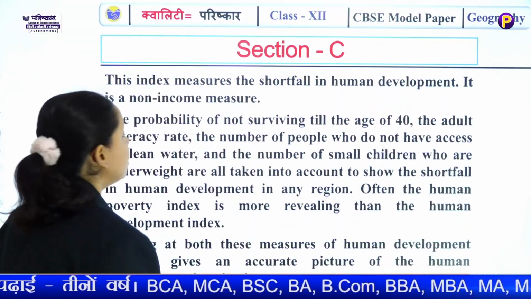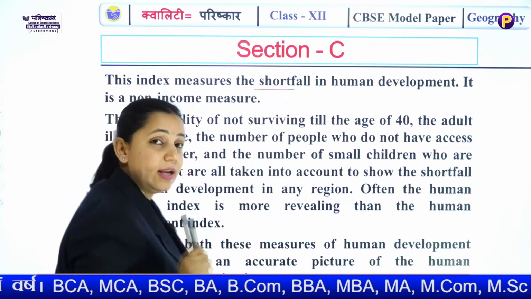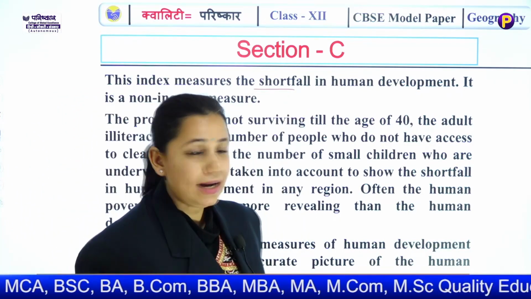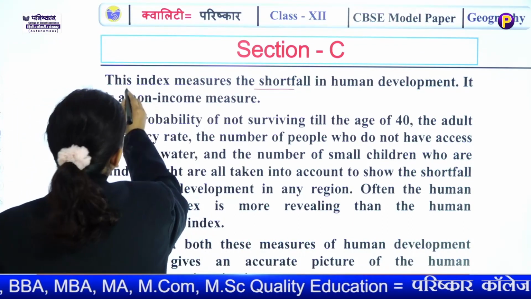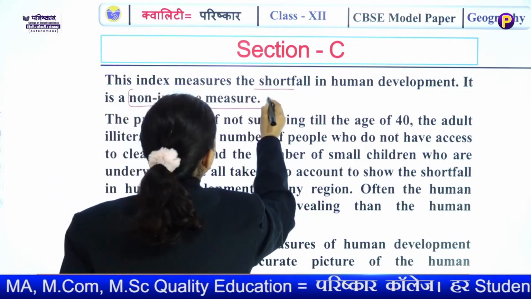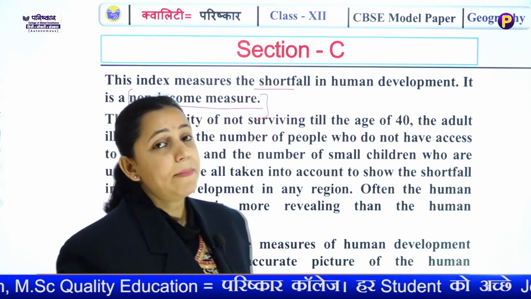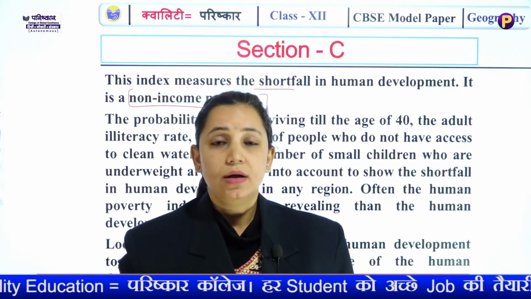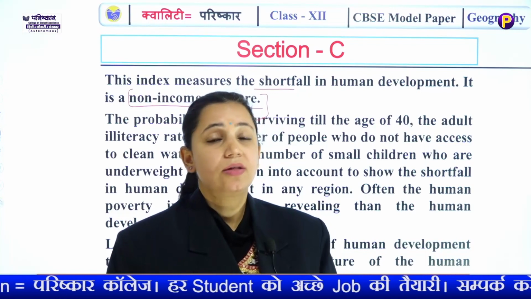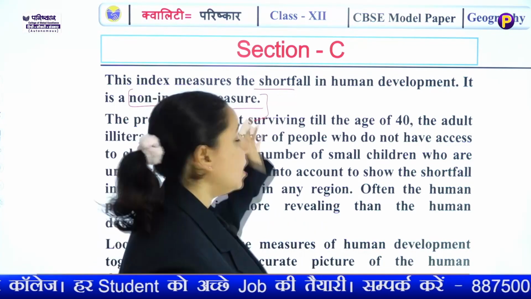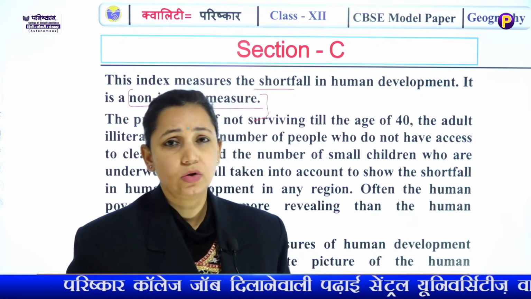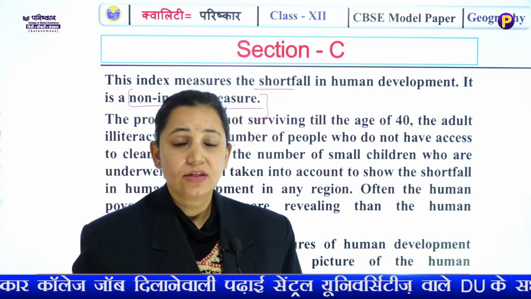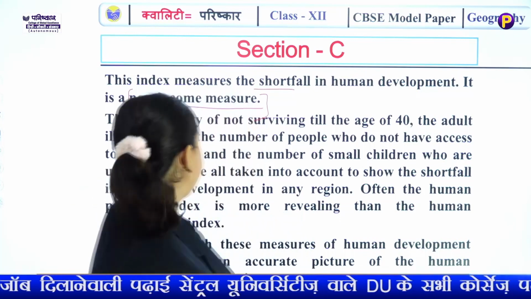Now, which index? The Human Poverty Index measures the shortfall in human development. It is a non-income measure. Otherwise, human development takes into account the per capita income. Human poverty takes the non-income measure to see whether the resources are well distributed among the poor and the marginalized section of the society.